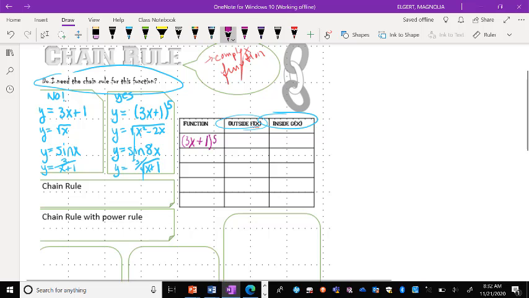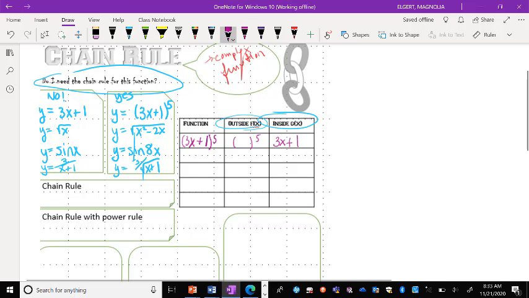The outside function of that would be this fifth power. It's usually the power or the square root. Sine and cosine trig ones are a little bit different, but the outside function of that is the fifth. The inside is 3x plus 1.